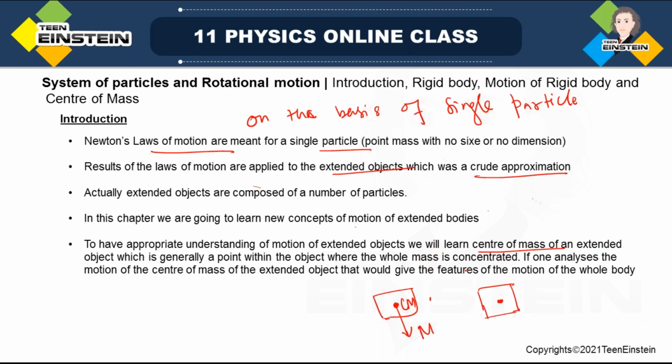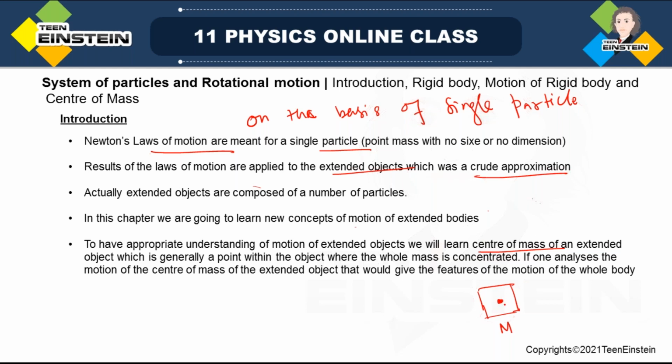Here we'll be defining center of mass of extended bodies. So what is center of mass? Center of mass is a point within the object where the whole mass is concentrated. Suppose this object has mass capital M. For any shape of object, we can calculate the center of mass approximately.